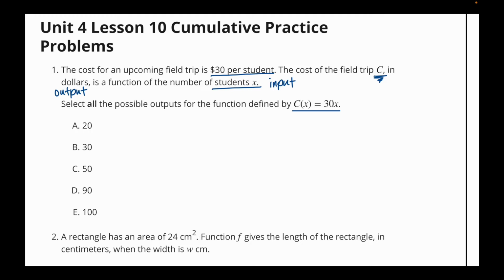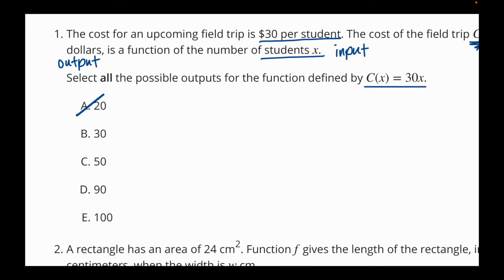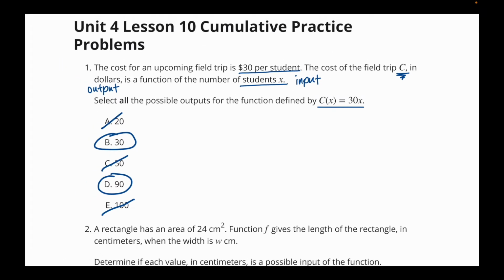So that means 20 is not possible. But 30 is, because if one person went, that would be one person. It also means 50 is not possible, but 90 is, that's 30 times 3. And 100 is not possible because that doesn't work either. So this would be 30 times 1, and this one would be 30 times 3.